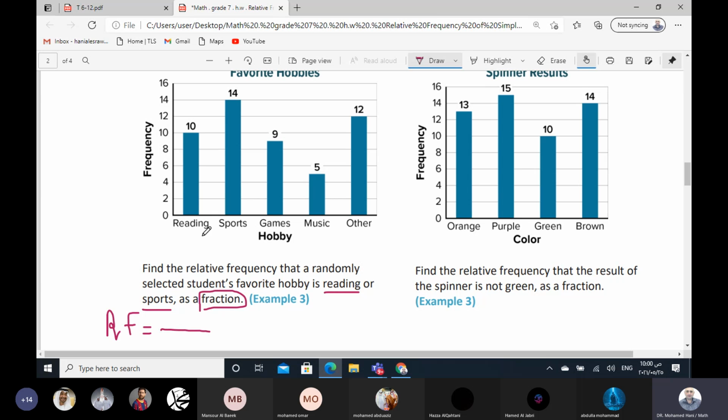Check with me, please. As you see, here we have 5 bars.